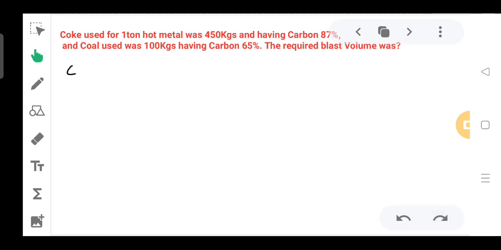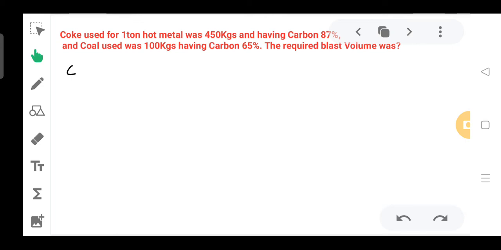And if you look at the blast furnace, a normal blast furnace will utilize 450 kgs of coke for producing 1 ton of hot metal, having 87% carbon in it. And we need to inject 100 kgs of coal having 65% carbon in it. Almost 550 kgs of fuel will be used for producing 1 ton of hot metal.